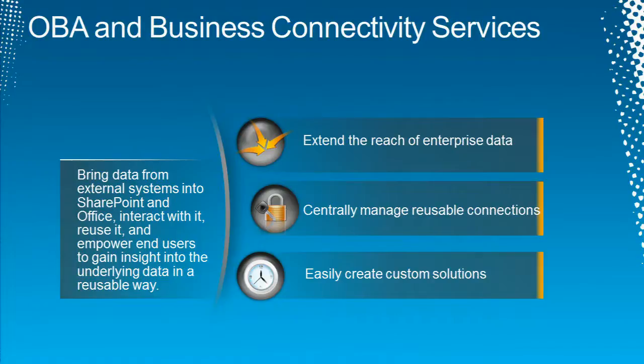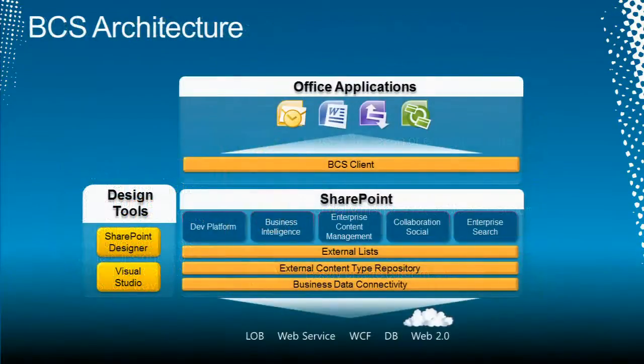And we'll see that Duet Enterprise uses that specifically as the best way to connect to line of business data. So if we look at the Business Connectivity Services architecture, and this is really my agenda for the day, if you look down at the very bottom, you can see the variety of line of business ways that BCS can connect to line of business systems.